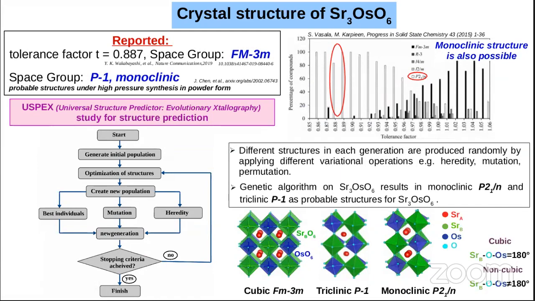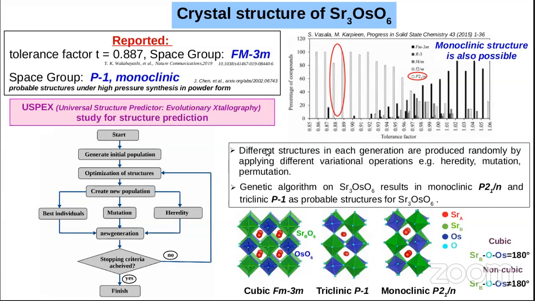Next, the crystal structure of Sr2CrOsO6. We already have the reported tolerance factor 0.887 and the space group. The literature shows that triclinic and monoclinic structures are reported under high pressure synthesis in powder form. Another report by Vasala shows the percentage of compounds with different space groups as a function of tolerance factor, and this particular t value lies in this region, which shows that a monoclinic structure is also possible.